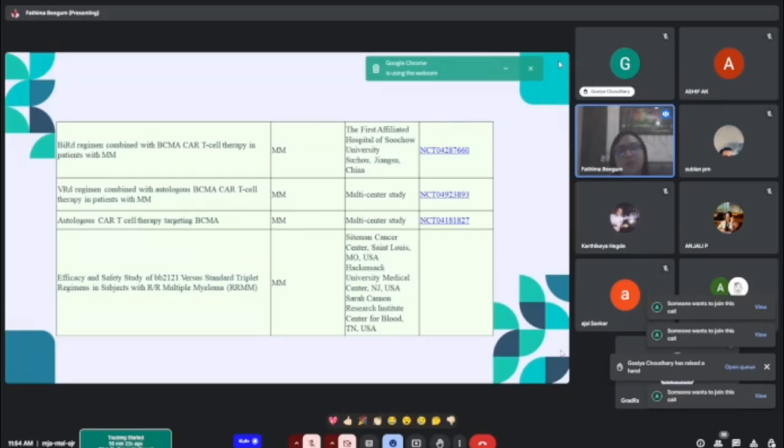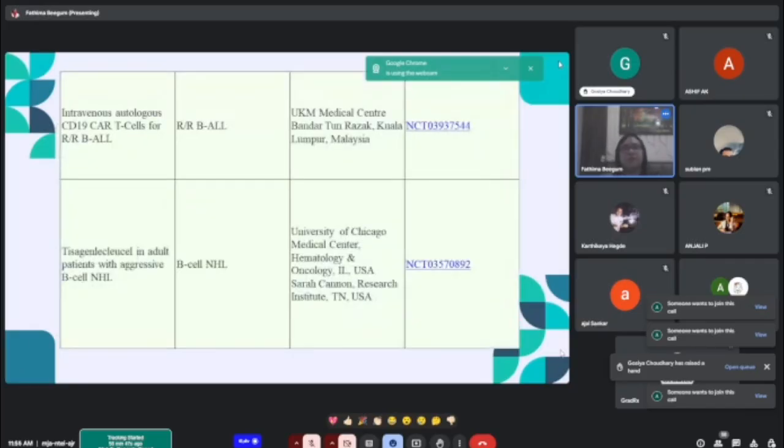For that regimen also, along with it, you can use this BCMA CAR. BCMA CAR is another B cell maturation antigen CAR therapy. That therapy can be used for multiple myeloma. We can also use CAR cell therapy for acute lymphoblastic leukemia, lymphoma, and non-Hodgkin's disease.